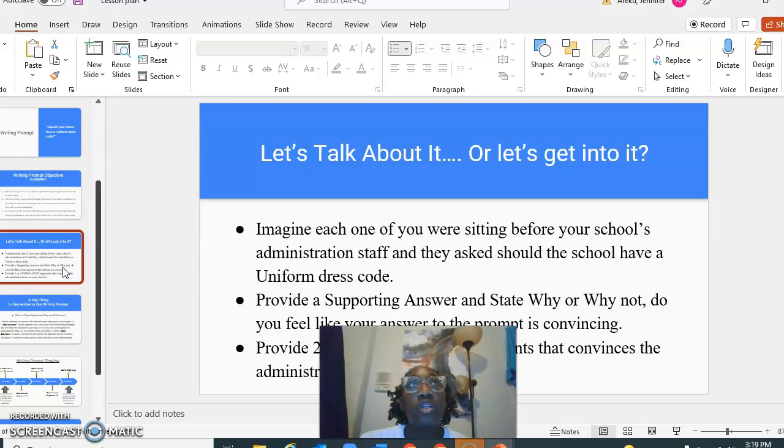So for instance, you could have had uniforms, but sometimes, speaking from my experience, I had a student who had a uniform. I was in a uniform school, but their parents didn't go to the wash house to wash their clothes.